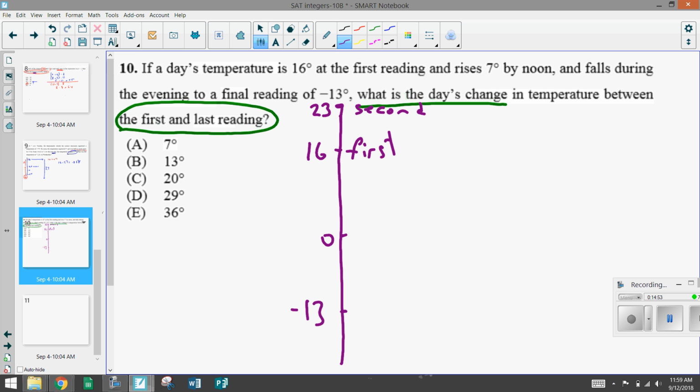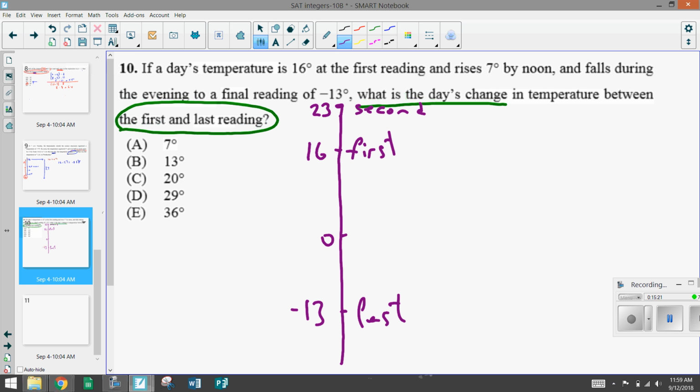By noon, and it falls during the evening to a final reading of -13 degrees. What is the day's change in temperature between the first and last reading? What operation? Tell me that. So what should I do? What is the difference between first and last? Last reading here, first reading there.